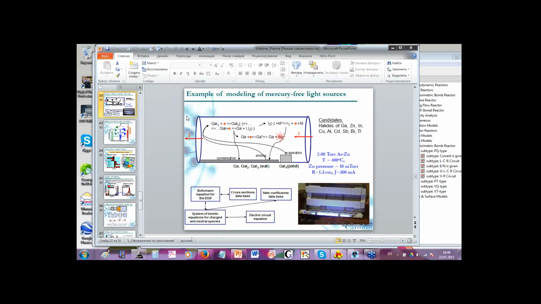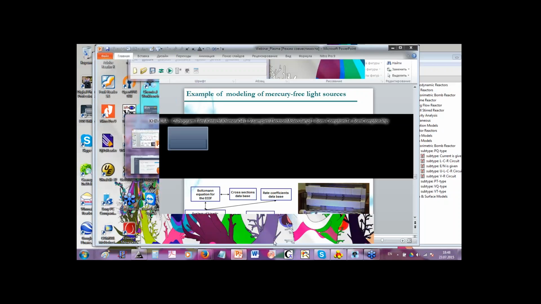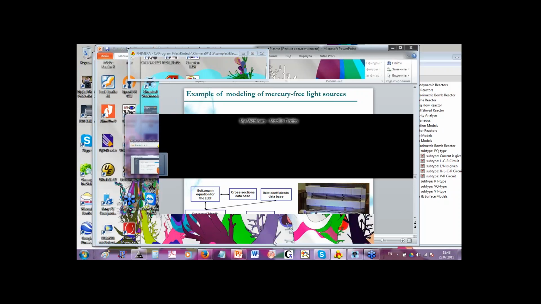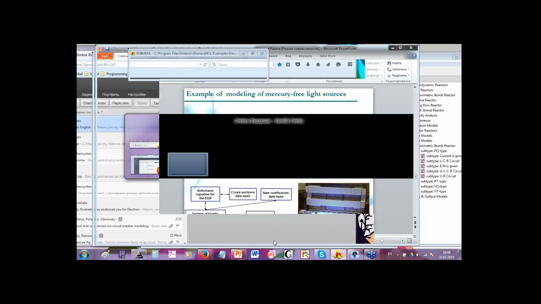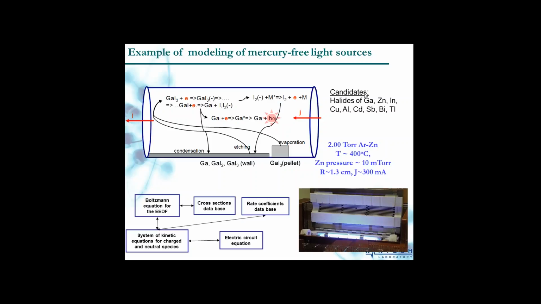Yes, of course. Let me turn to the presentation. Yes, of course, the electron is missing here. Sorry. So we need to add the electron here.